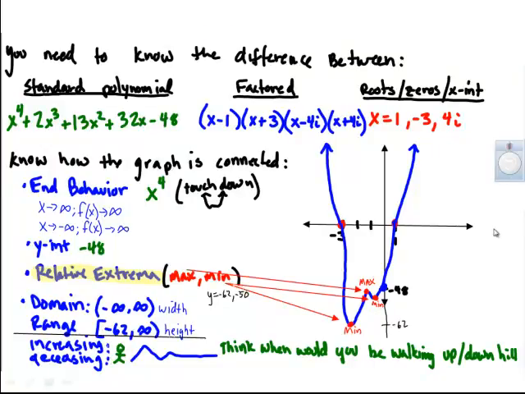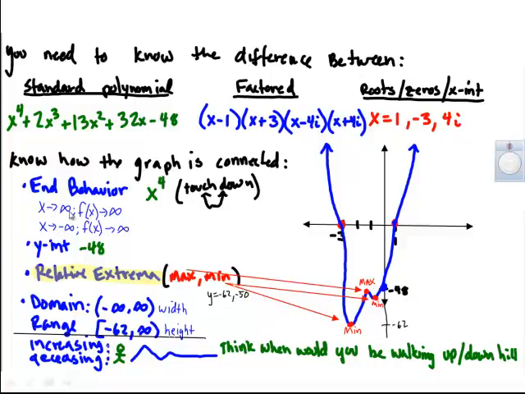So here's standard form, here's factored form, here's roots. You have to be able to go back and forth. Know how the graph is connected to this. Here we know that this is a root because it crosses the x-axis. It's an x-intercept. We understand end behavior. Here, this is a degree of 4, which means like a touchdown.